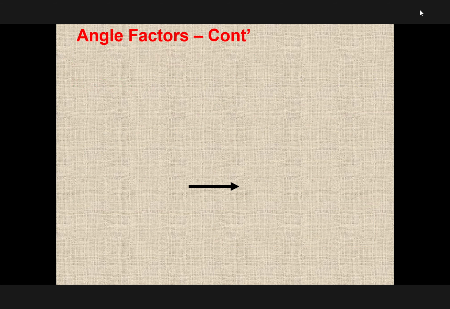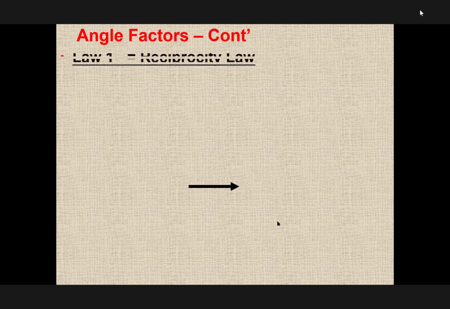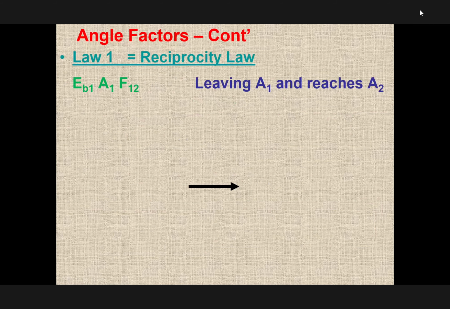Assume again, look at these two surfaces I mentioned, and I use 1 and 2 rather than sender and receiver, because here, first, we assume, in order to make it easy for us, there's no need to make that assumption, but to make it easy, I assume these two surfaces are black, okay?